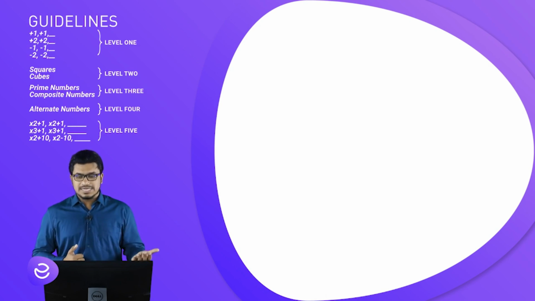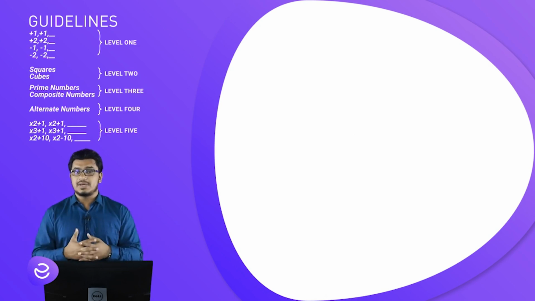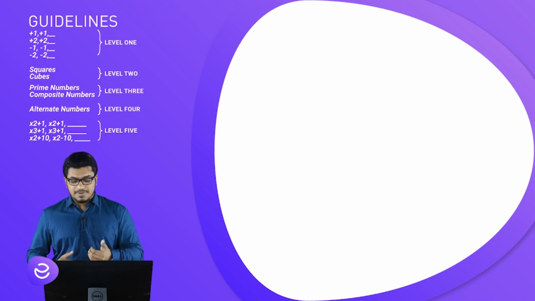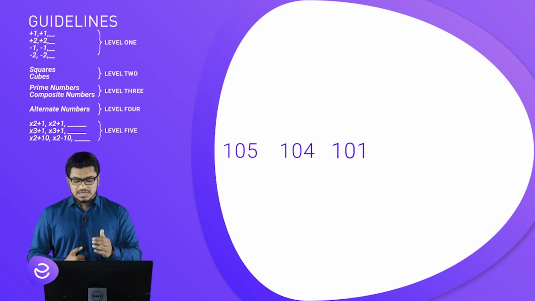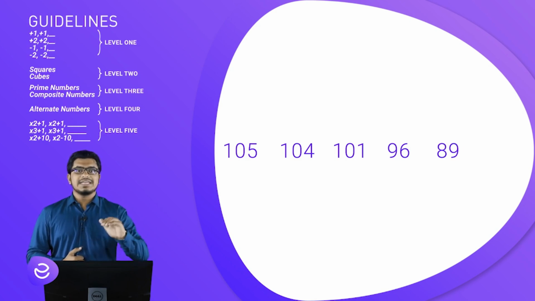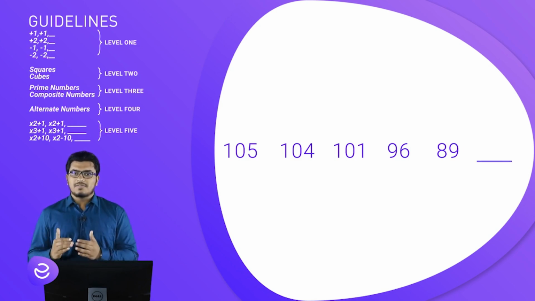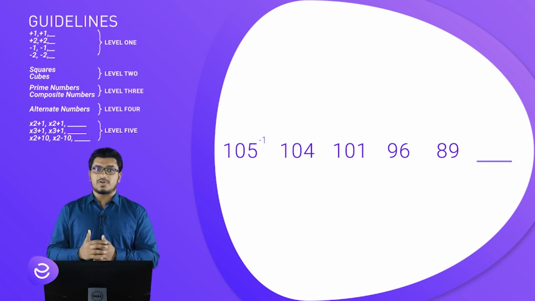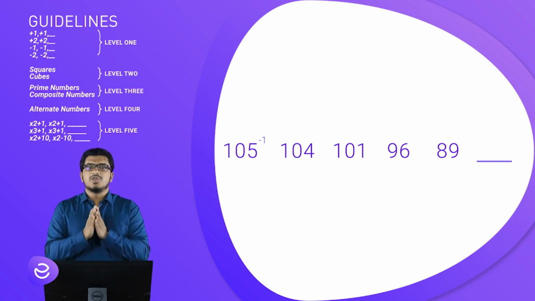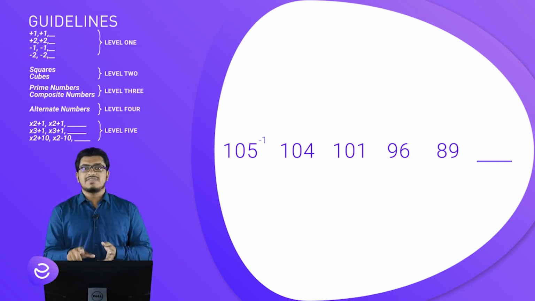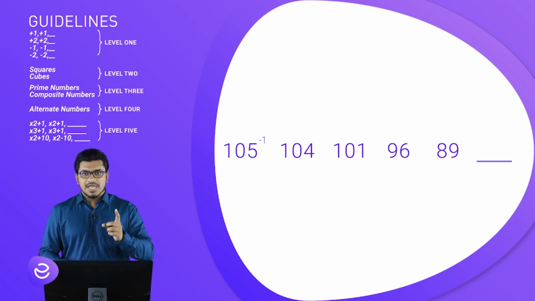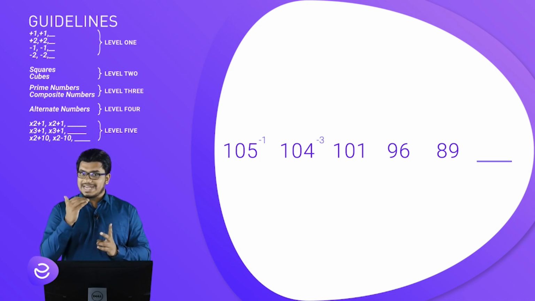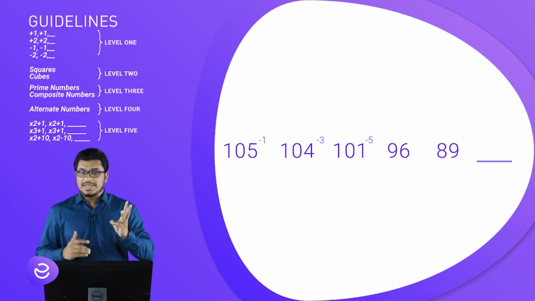Similarly, as I said before, there will be a combination, a mix of these. You can get the example 105, 104, 101, 96, 89, dash. So 105 minus 1 becomes 104. As I said above, when you get any question, you find the difference. So 105 and 104 you get -1, 104 and 101 you get -3, 101 and 96 you get -5, 96 and 89 you get -7.